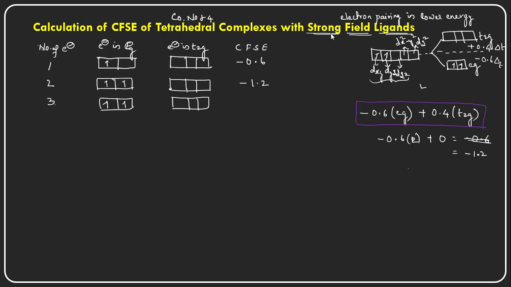It is a strong field. Strong field means electron pairing takes place in the lower energy level only, so the third electron will enter the Eg orbital only.